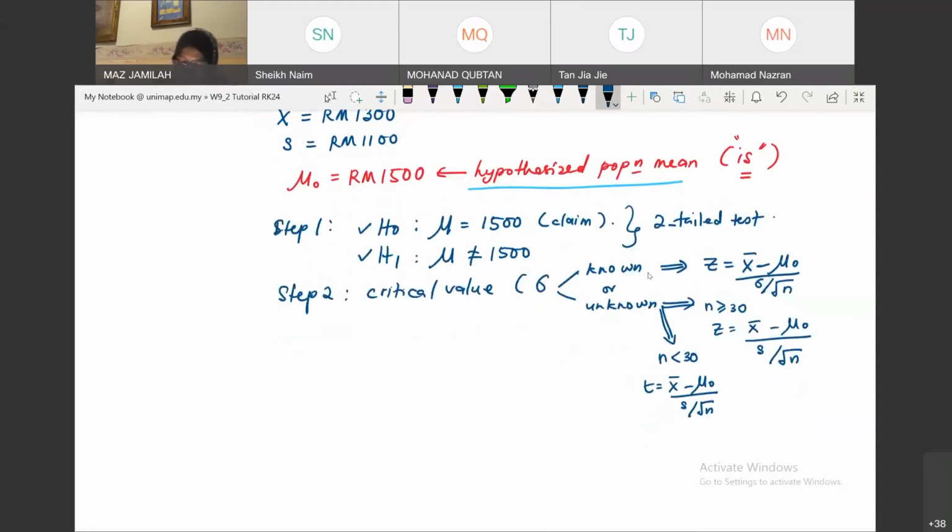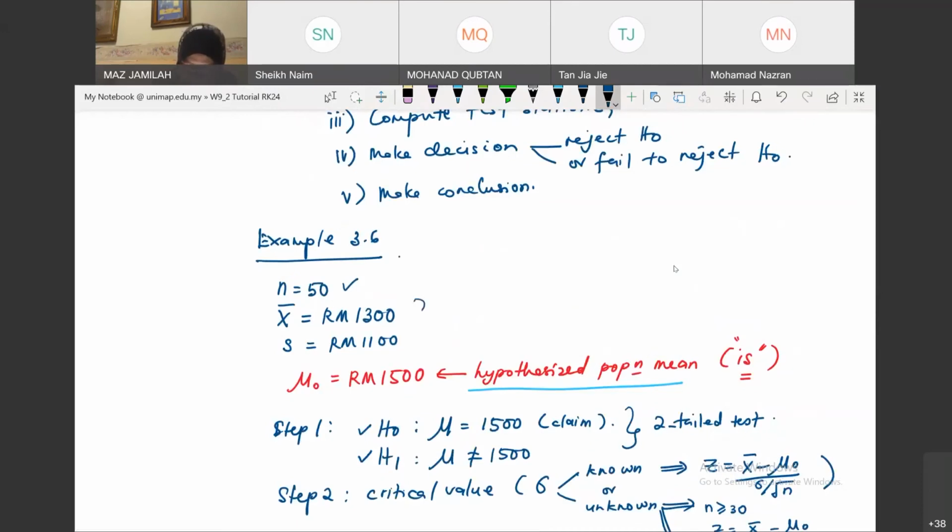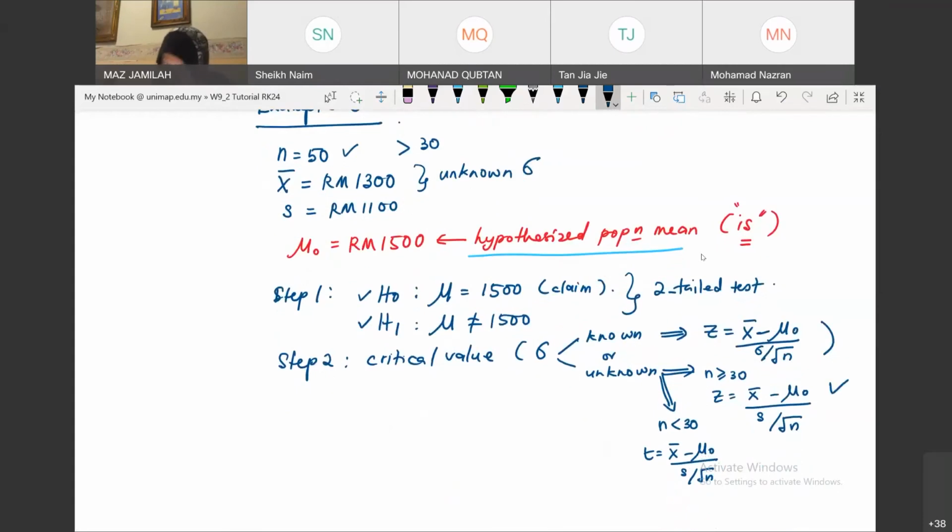So in this case, class, since the condition given is sigma unknown, and we know that our n is greater than 30, we are going to use this formula. Your Z would be x bar minus mu naught divided by S over square root of n.